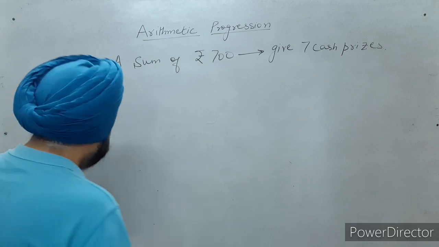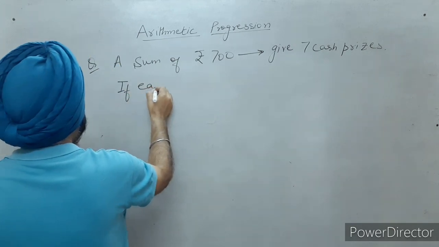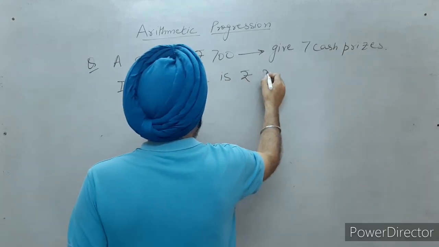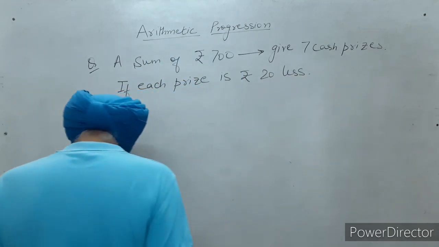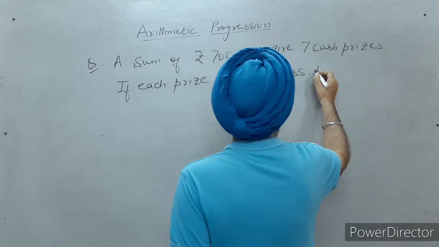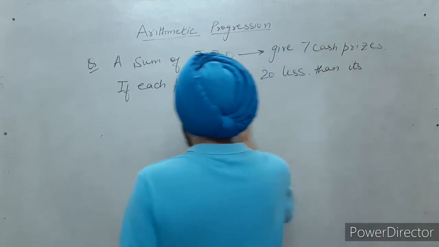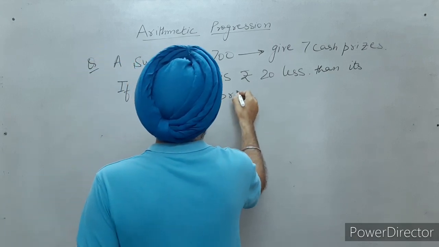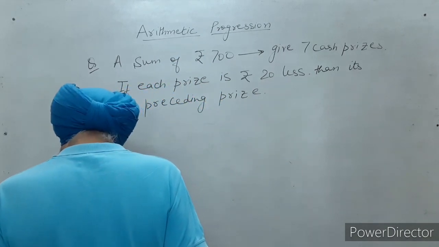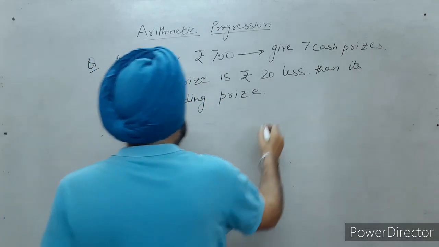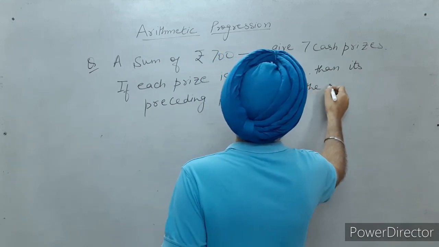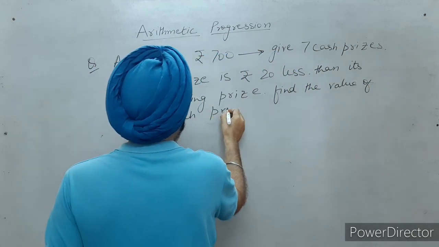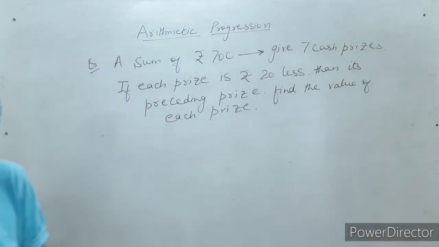Now, if each prize is rupees 20 less than the preceding prize, find the value of each prize. This is a very good sum.